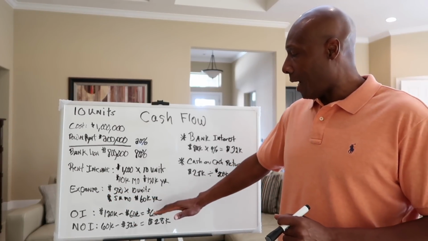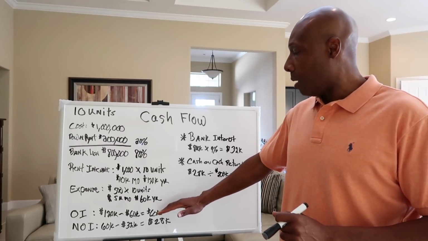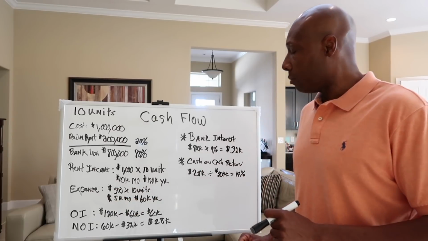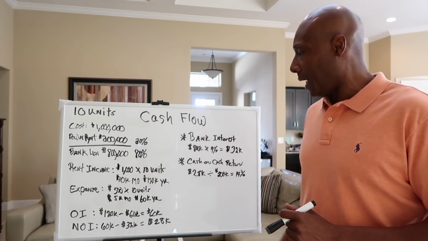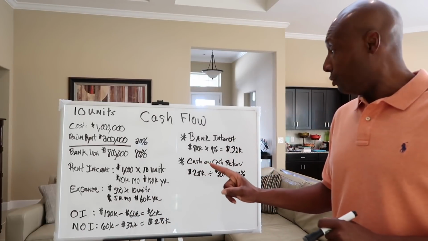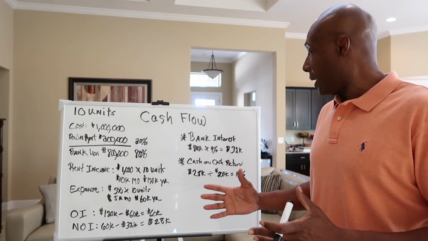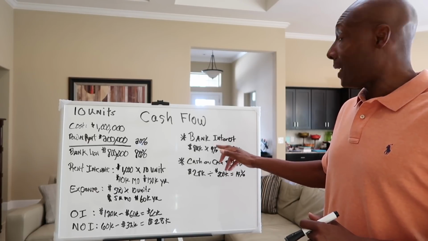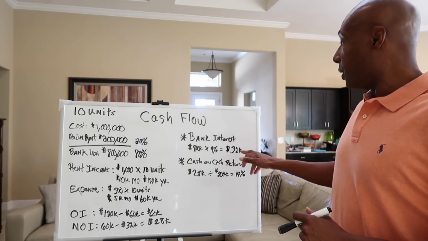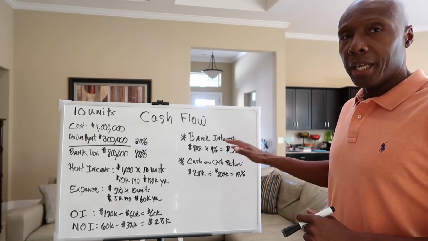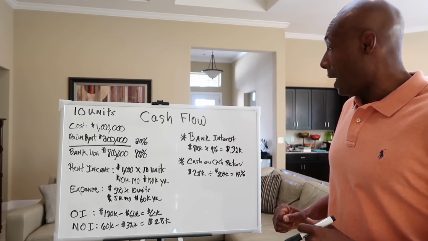Now we go down to net operating income, NOI. We know right now your operating income, once you subtract out your expenses from your gross income, is $60K. So you take that $60K, and then the next thing you want to do in order to come up with your net operating income is subtract out the $32,000 for your interest from your bank loan. Now, how do I get the $32,000?